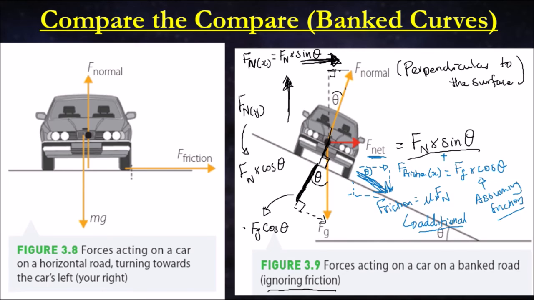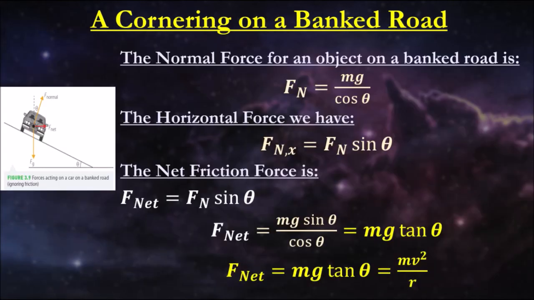That is the opposite component of our normal force. So if I substitute this formula in, knowing that the gravitational force is m times g, our formula looks something like this. So let's show that on the next slide.